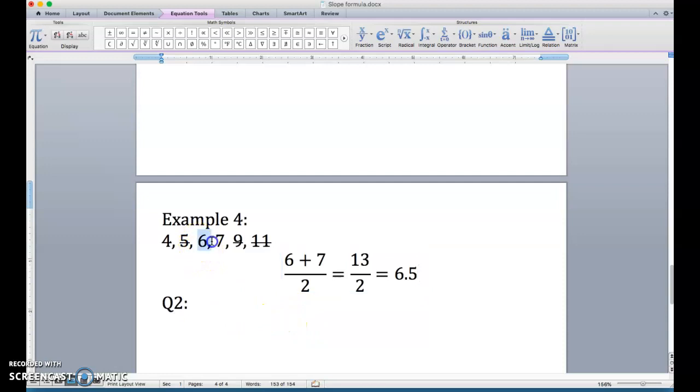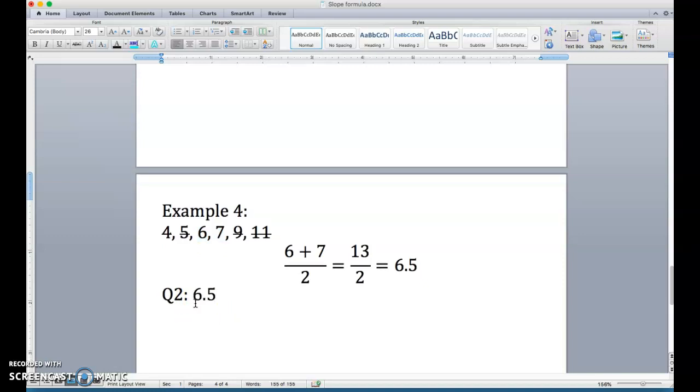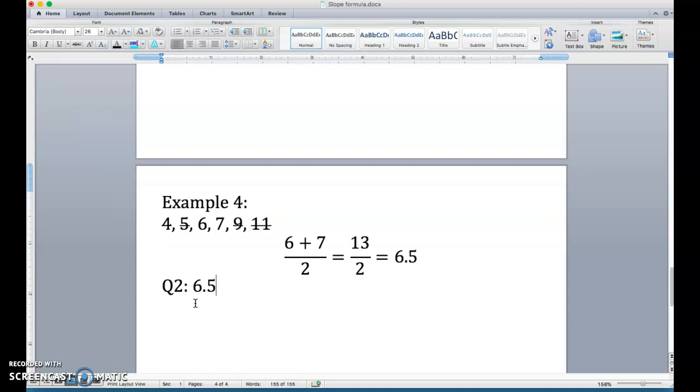So 6.5 is the mean of these two numbers. So 6.5 is my Q2. 6.5 is my median.